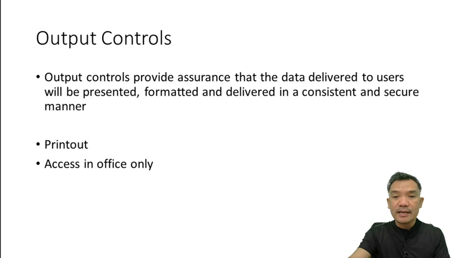Access in office only, these are values that are very restricted, that we don't want somebody to bring out of the office. So we have access in office only. That means that data is only visible within the campus, for instance, or within the company's lab.